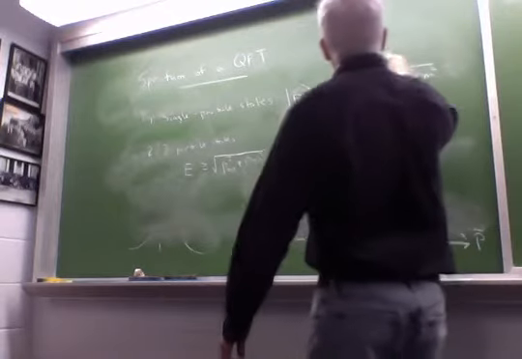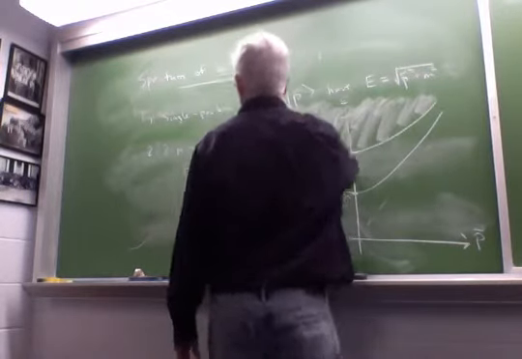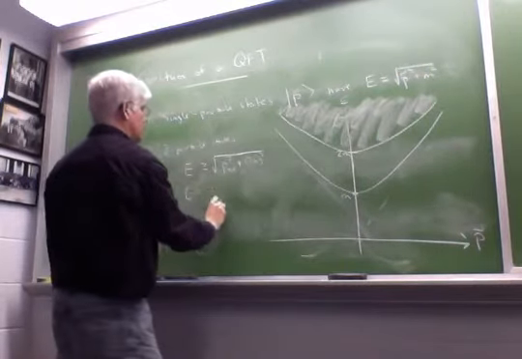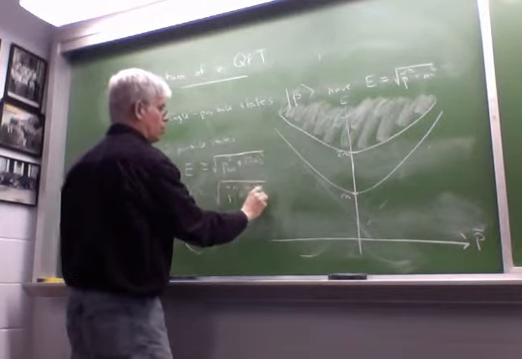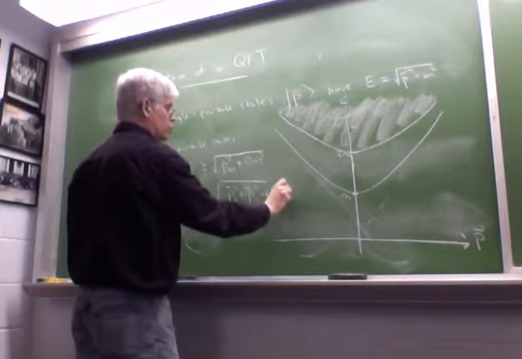Correct. Yeah. So the E total is actually equal to P1 squared plus P2 squared plus 2m squared. Okay?